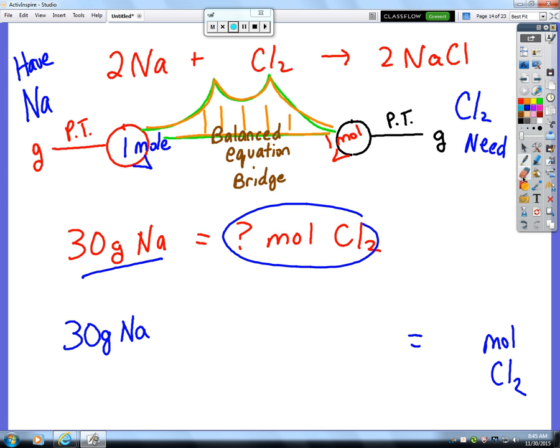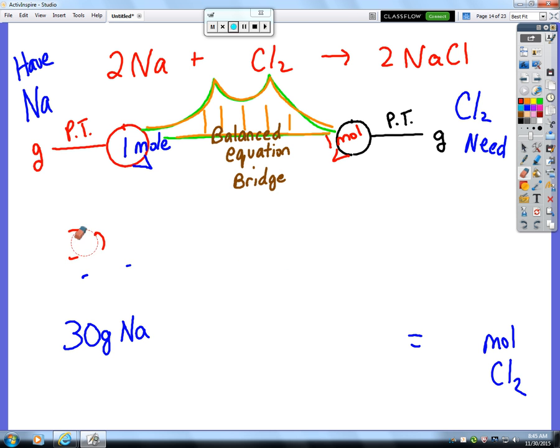Now I'm going to erase this because it's in my way. Where am I on this progress map? Does it say moles? No, it says grams. So if it says grams of sodium, I'm right here.